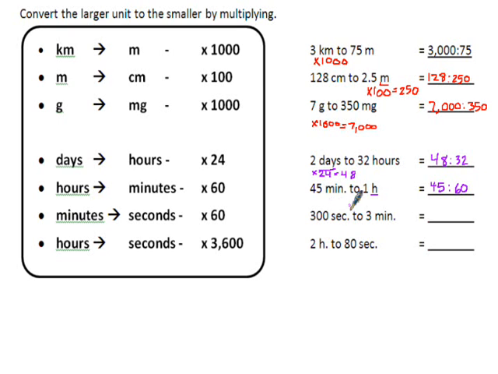We have 300 seconds to 3 minutes in this case. Minutes is our bigger unit, so we're going to multiply that by the 60 seconds in each minute. And we get 180 seconds. And so now our ratio is 300 to 180.